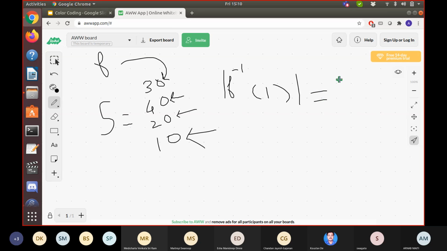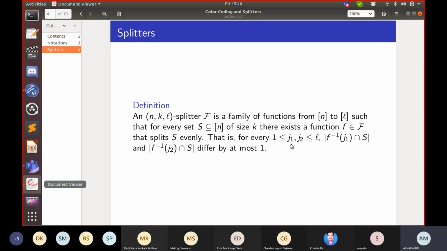Same for f inverse of 3, which is 1, f inverse of 4 is 1, f inverse of 2 is 1. For f inverse of 5, the mod will be 0, because there is no element which has been assigned 5. This is S. So this is what I mean by f inverse.